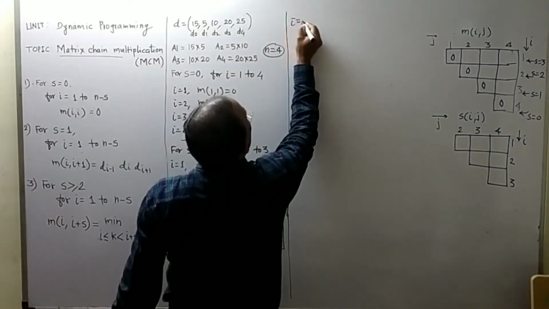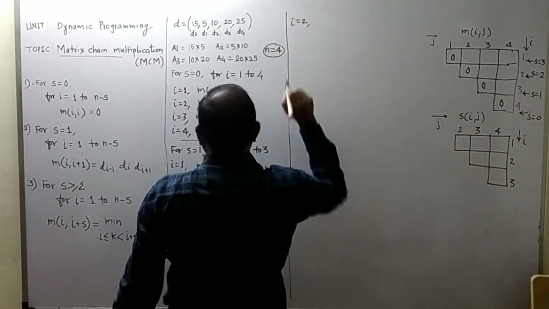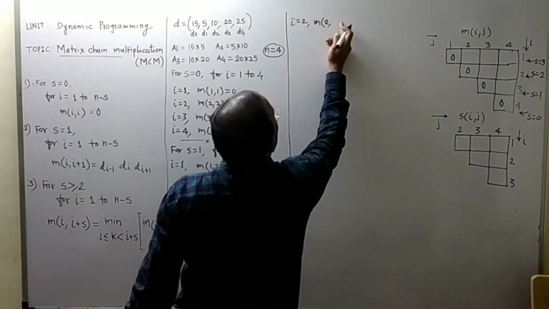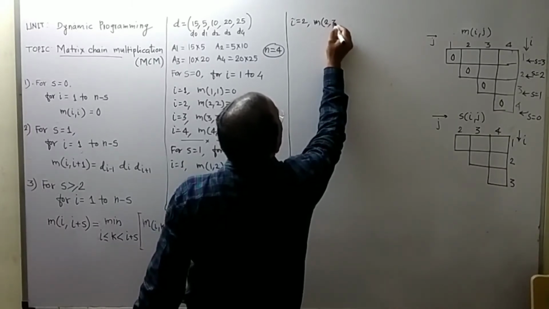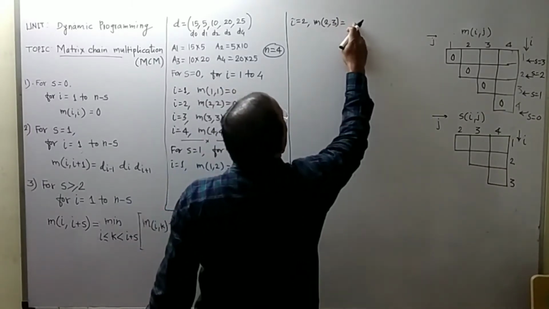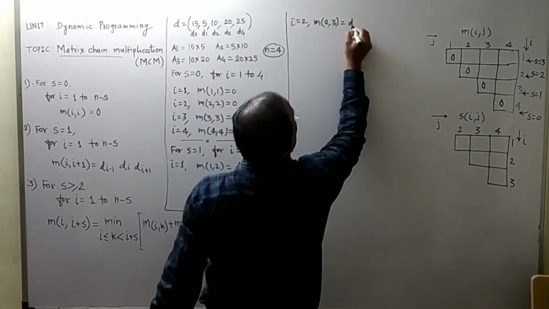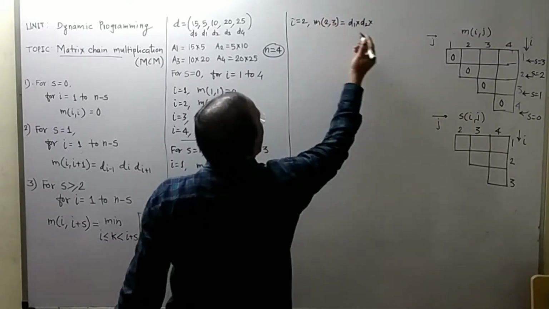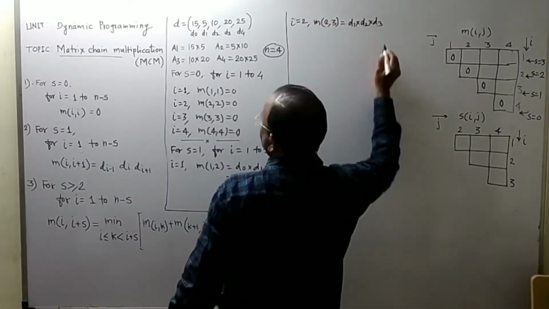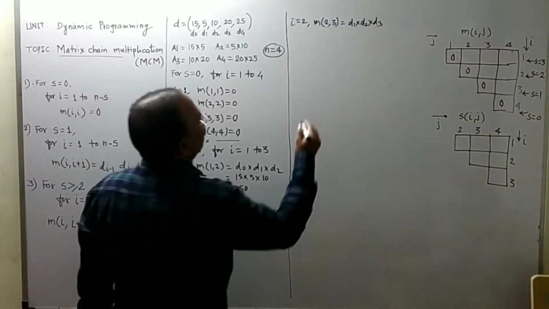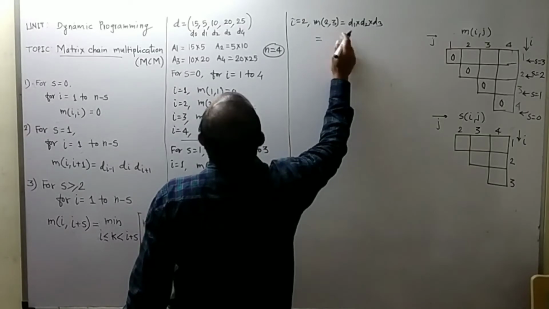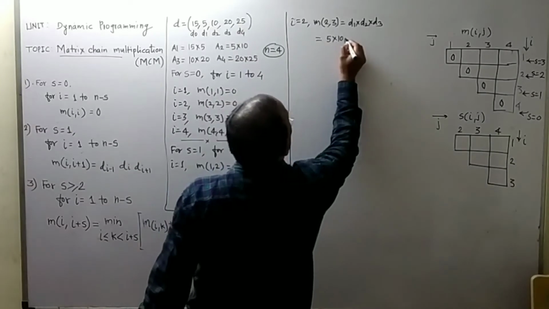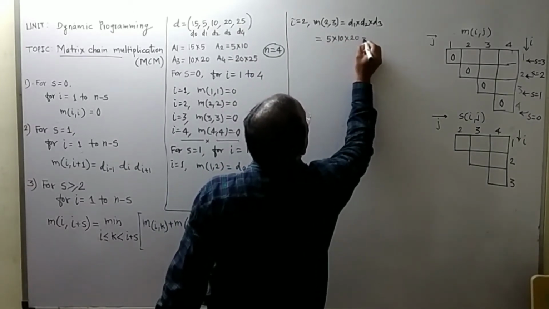Then I is equal to 2. M of 2 comma I plus 1, that is 3, is equal to d(i minus 1), that is d1, d(i), that is d2, then d3. Put the values: d1 is 5, d2 is 10 and d3 is 20, which is equal to 1000.